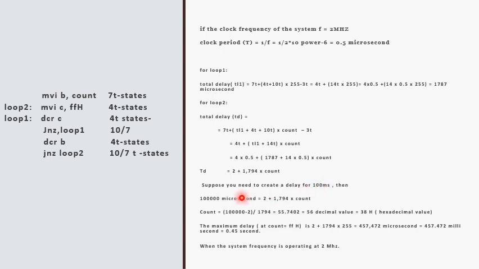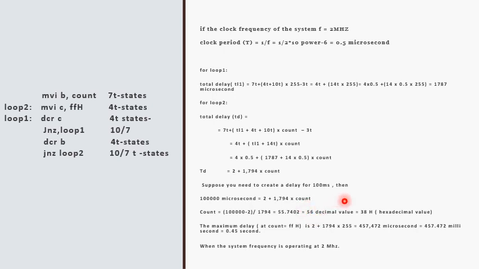Suppose we are in need of 100 milliseconds of time delay, right? So 100 milliseconds is equal to 2 plus 1794 into count. So we will get 100 milliseconds minus 2, divided by 1794, that is equal to 55.74, so we will be getting 56 as a decimal value.